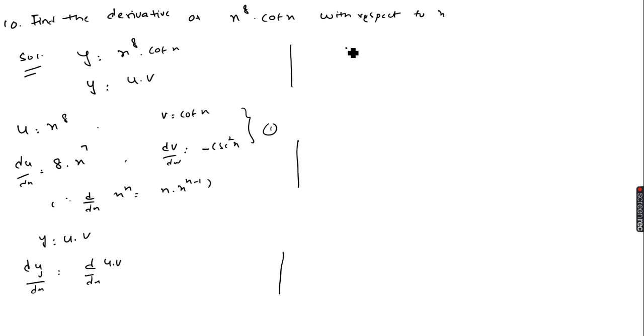What is the formula for u into v? It is u into dv by dx plus v into du by dx. Take this as 2.